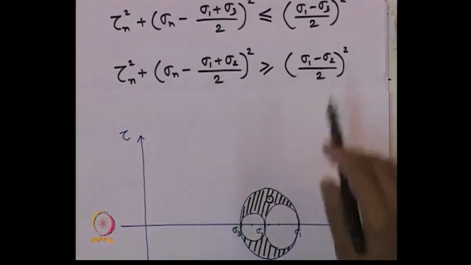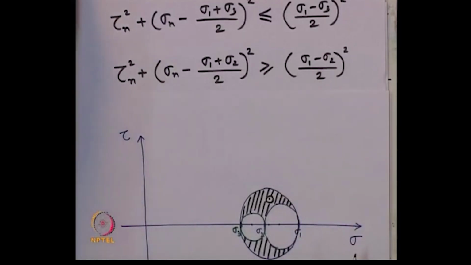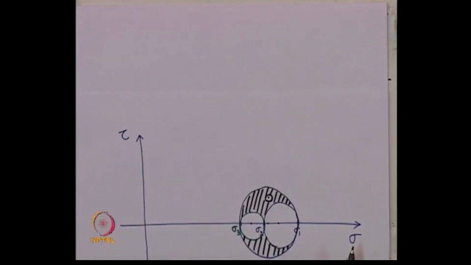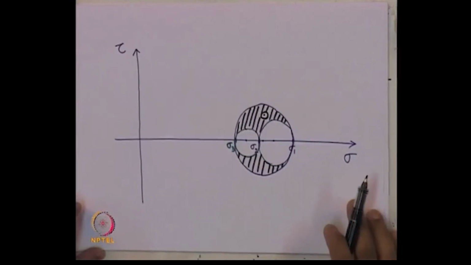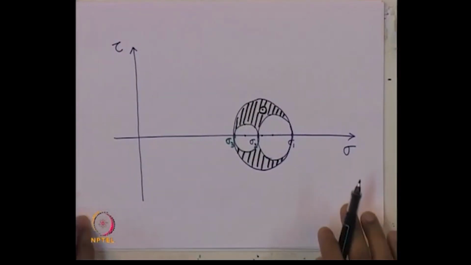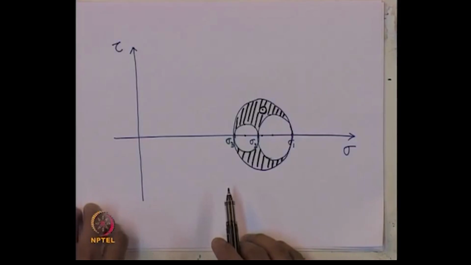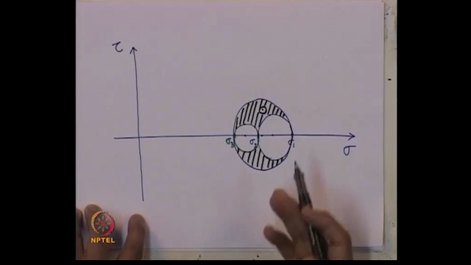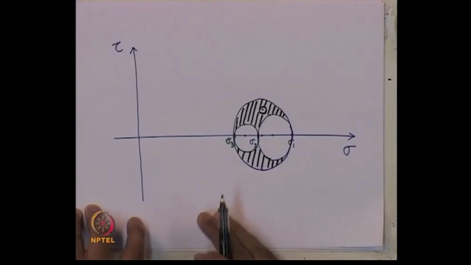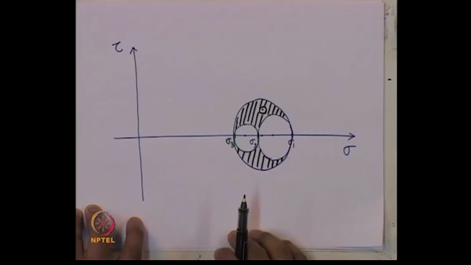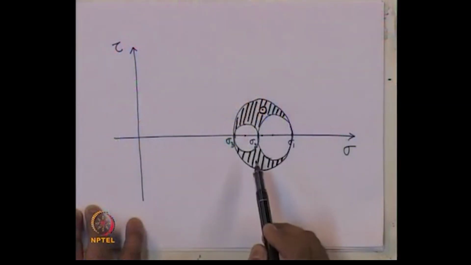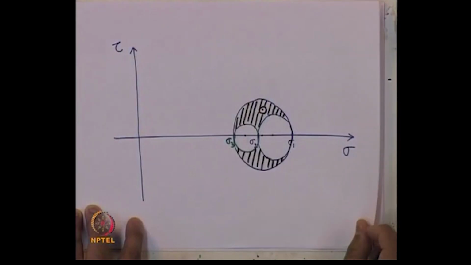So, from these three equations, what is the graphical representation of the three dimensional stresses in a soil element? This is the graphical representation in 2 dimension, meaning 3 dimensional stresses we are representing in 2 dimension using this concept of Mohr circle, where any state of stress must lie in this shaded zone, not in any other areas.